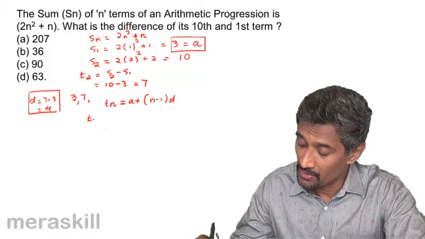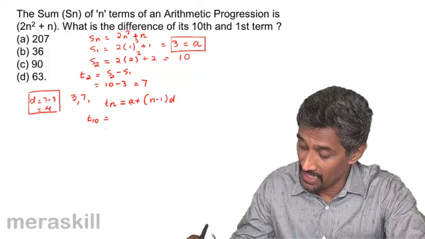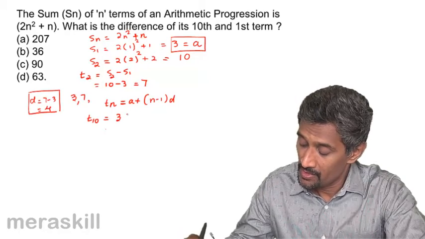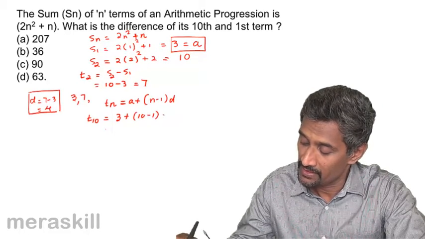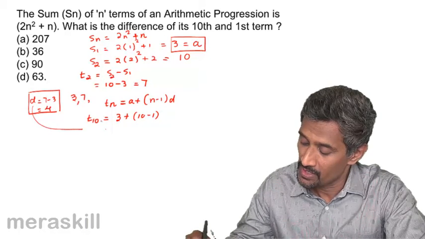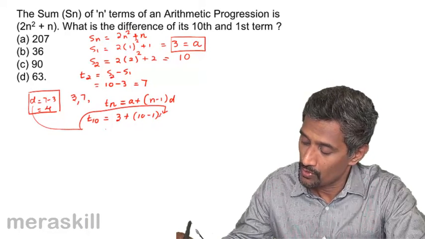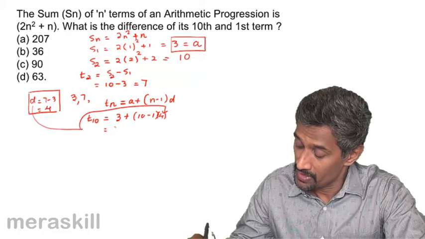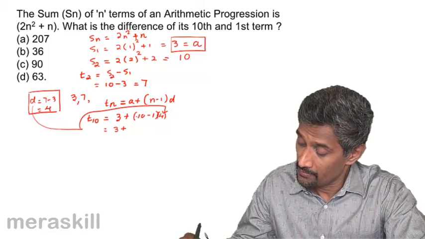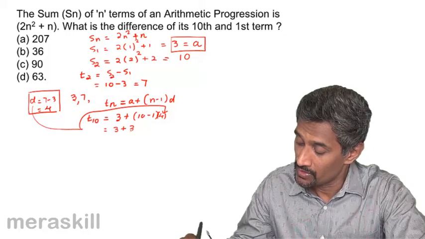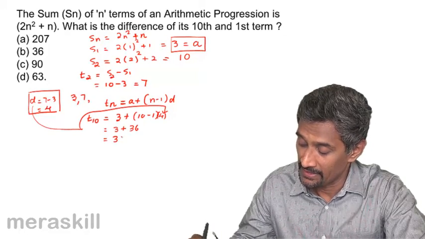We need to find T10, which is going to be 3 plus, n is 10, so 10 minus 1 into d. d turns out to be 4. So it's going to be 3 plus 9 into 4, 36, which is 39.